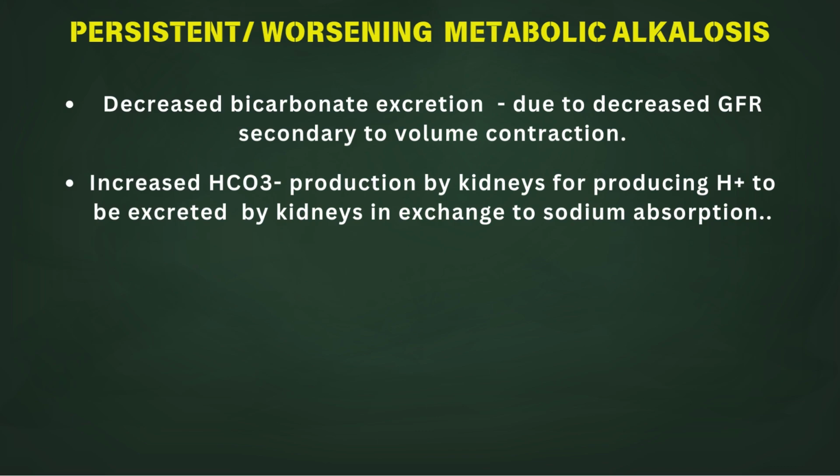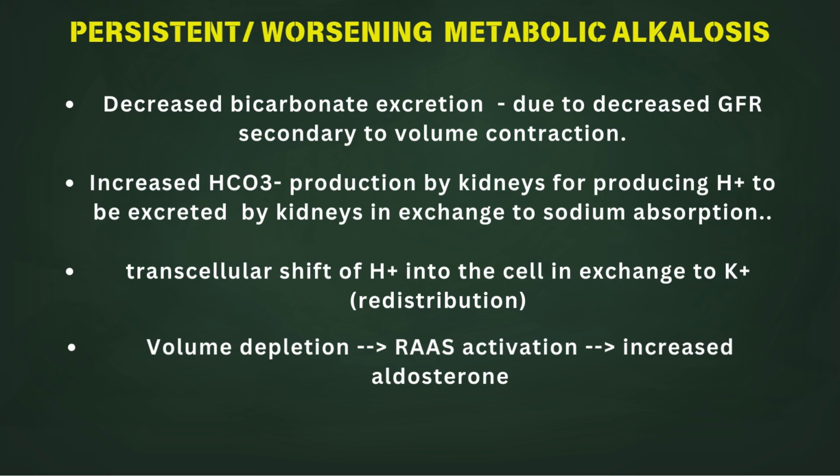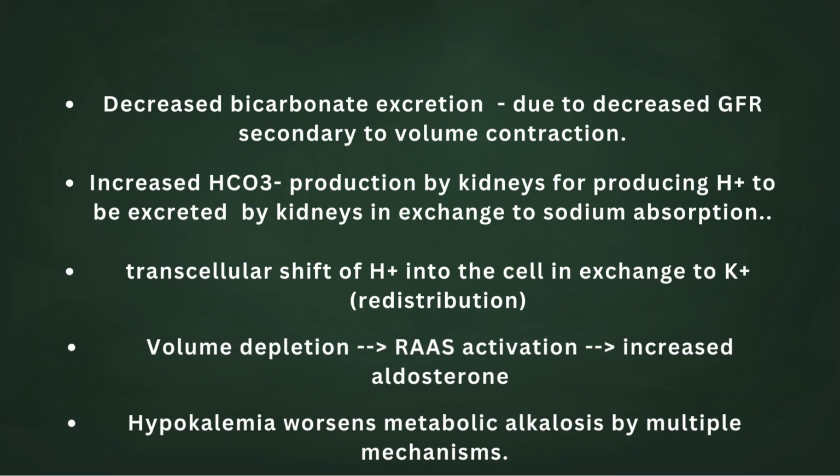Number 3, there is transcellular shift of H plus into the cell in exchange for potassium ions. Number 4, there is volume depletion leading to renin-angiotensin system activation, which increases the aldosterone levels, which further worsens the metabolic alkalosis. Number 5, hypokalemia per se, by various mechanisms, leads to more metabolic alkalosis.